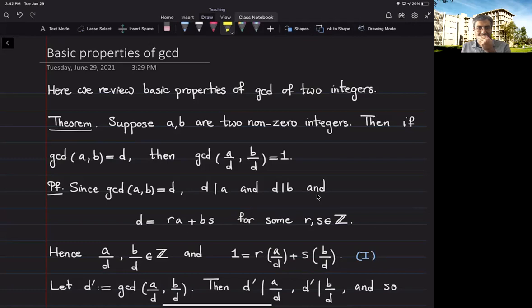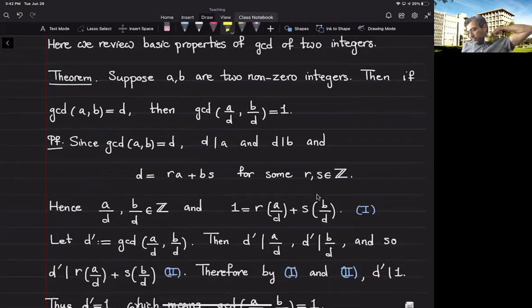So that is the content of this statement, that if GCD of A and B is D, then GCD of A over D and B over D is 1. They cannot have any other common divisors. Okay, so why is that the case? And this is in fact if and only if.